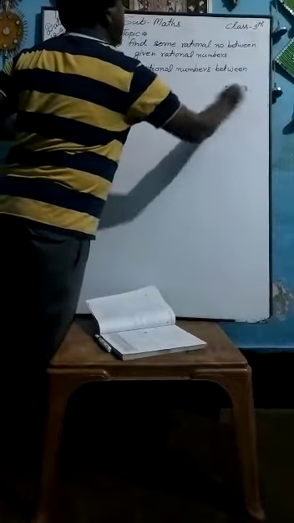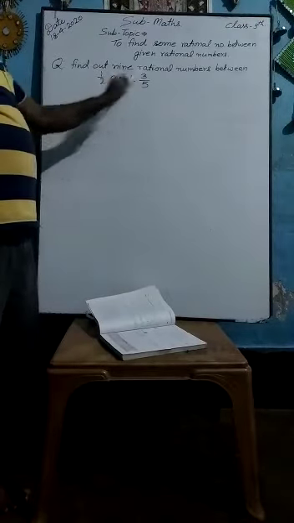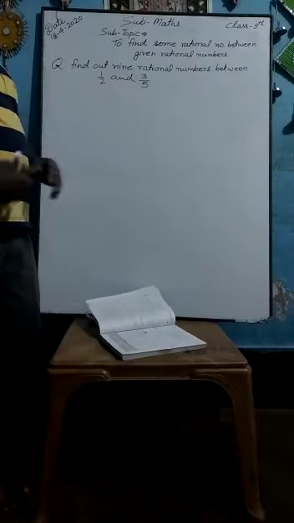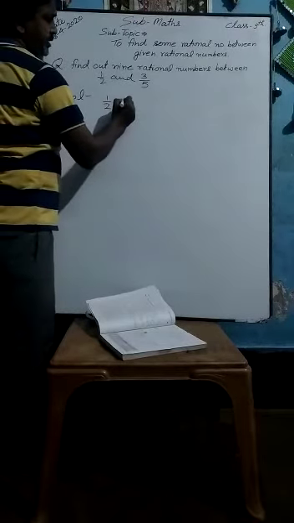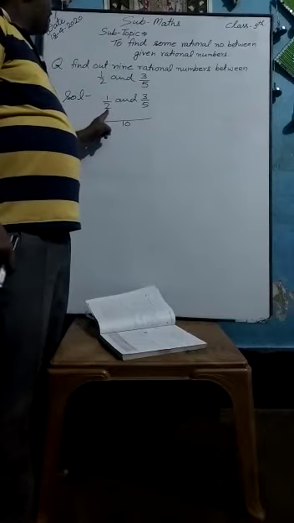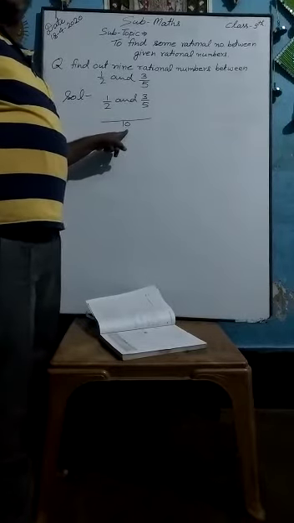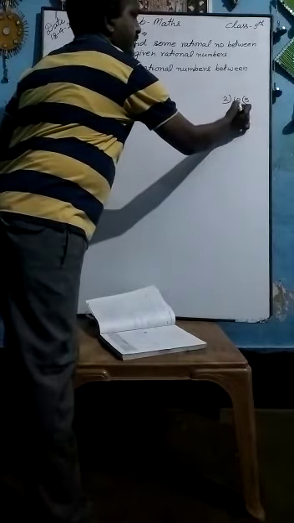If your answer is no, then first of all you have to equate the denominators. 2 and 5 are not equal, so take the LCM of 1/2 and 3/5. The LCM is 10. Now divide this LCM 10 by 2, and you will get 5 as the quotient.